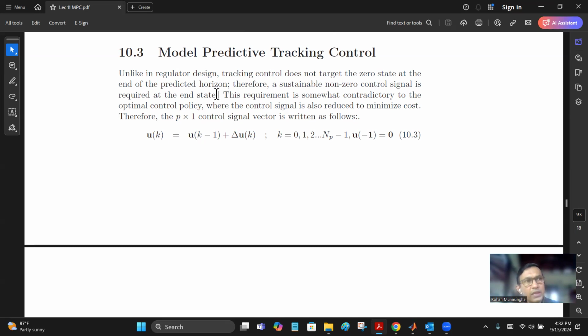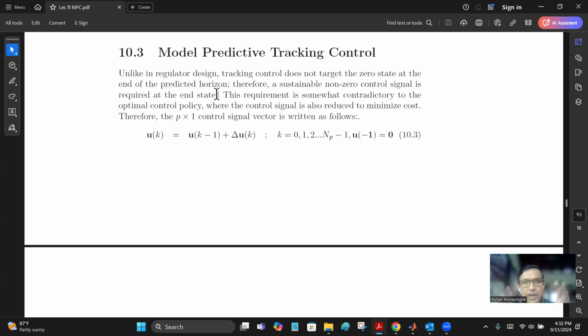So now when you do that, you have this problem in the optimization process, right? You cannot strictly apply the cost function and differentiation with respect to the control signal and set it to zero. That process is not readily designed for tracking problems where the end state is not zero, right?